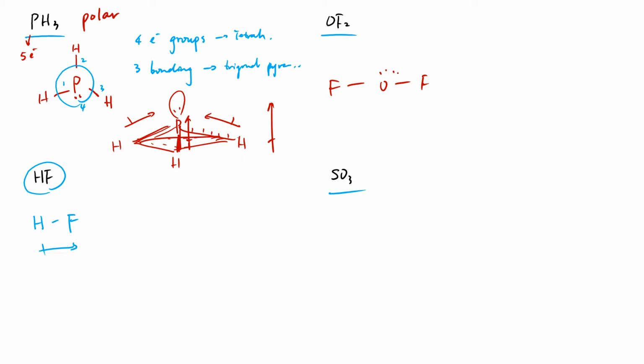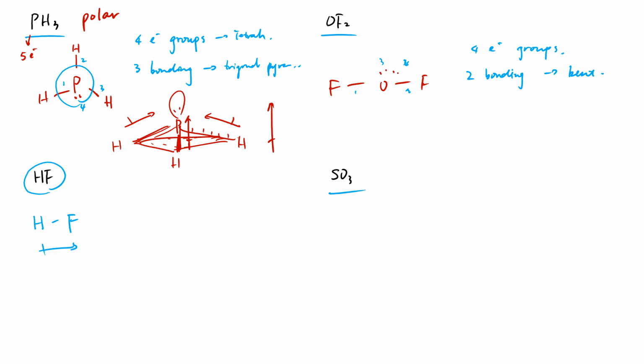So 4 electron groups, right? 1 bond, 2 bond, 3 pair, and another one 4. So 4 electron groups, tetrahedral, and 2 lone pairs, so 2 bonding groups. 2 bonding groups give you bent.